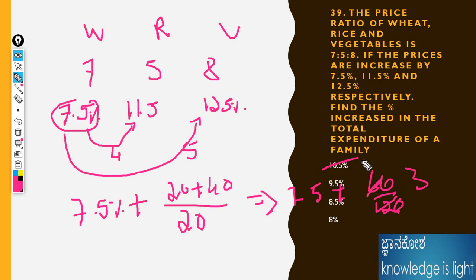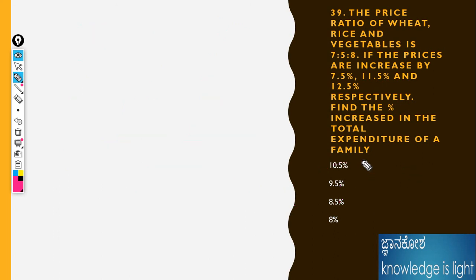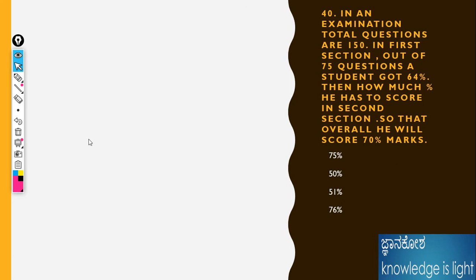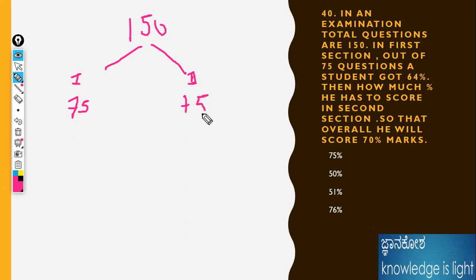Okay, next question. In an examination, total questions is 150. In the first section, 75 questions are present, and the second section also has the remaining 75.